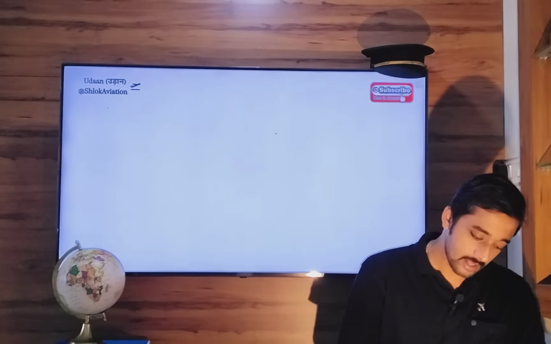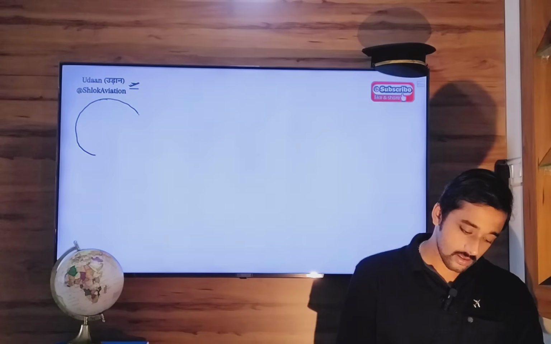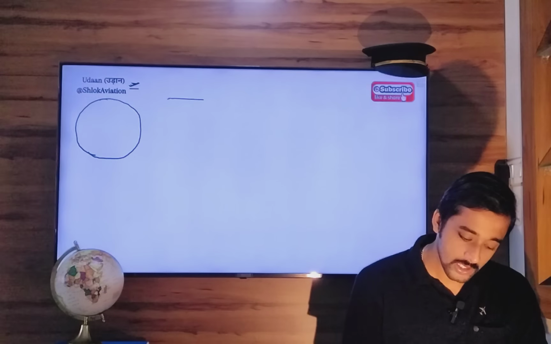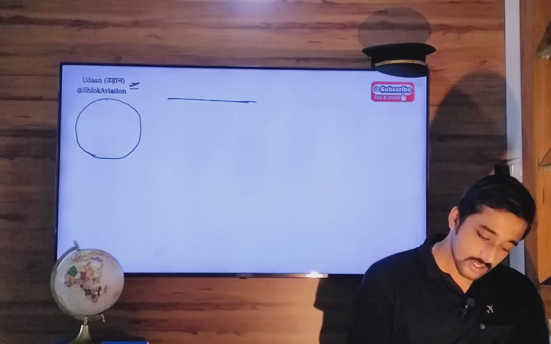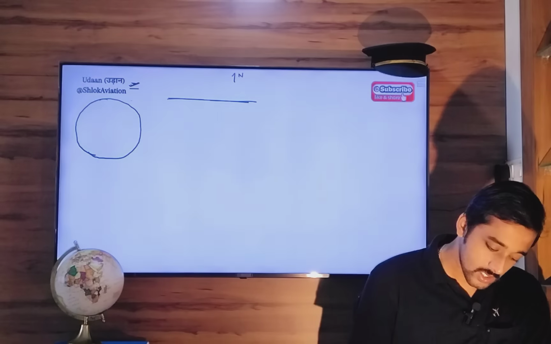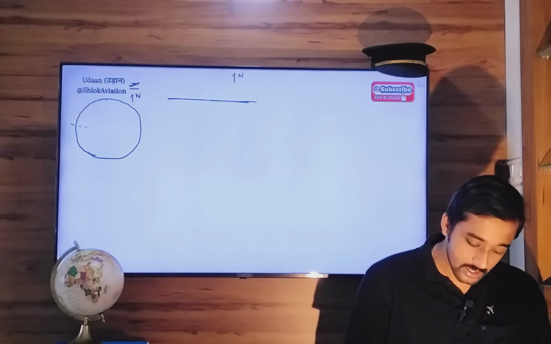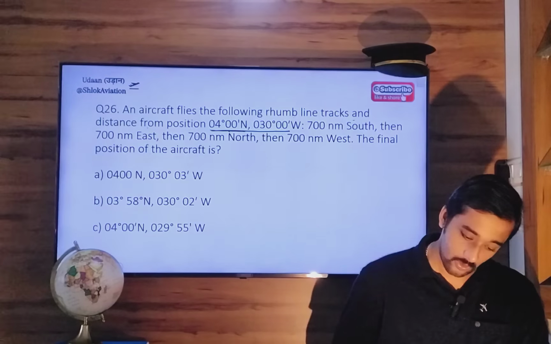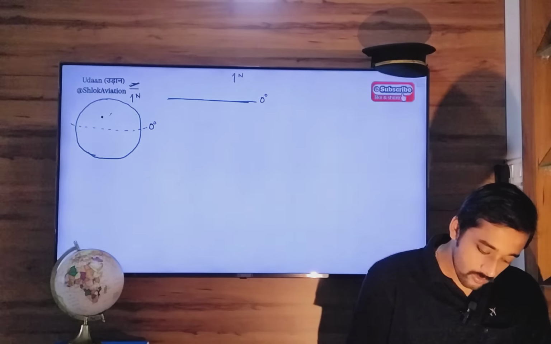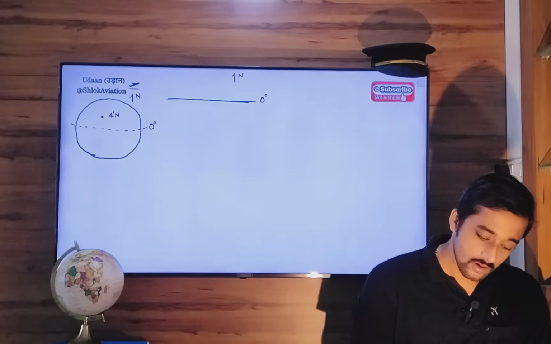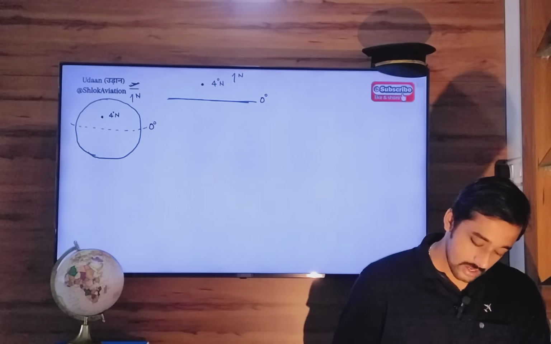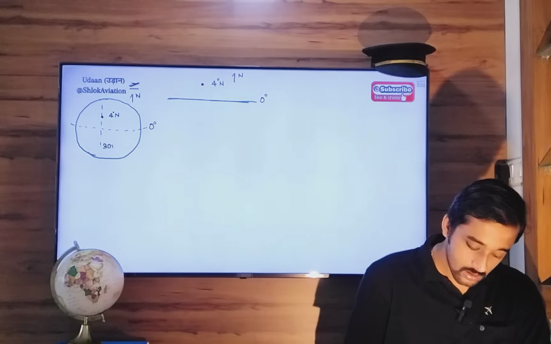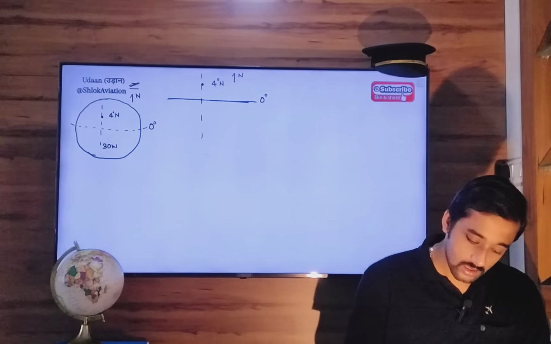So it will be helpful to draw this diagram of the earth, and next to it I will draw a horizontal representation of the earth as well. So this is the north datum, this is your equator. So current position of aircraft is 4° north, and the longitude is 30° west.